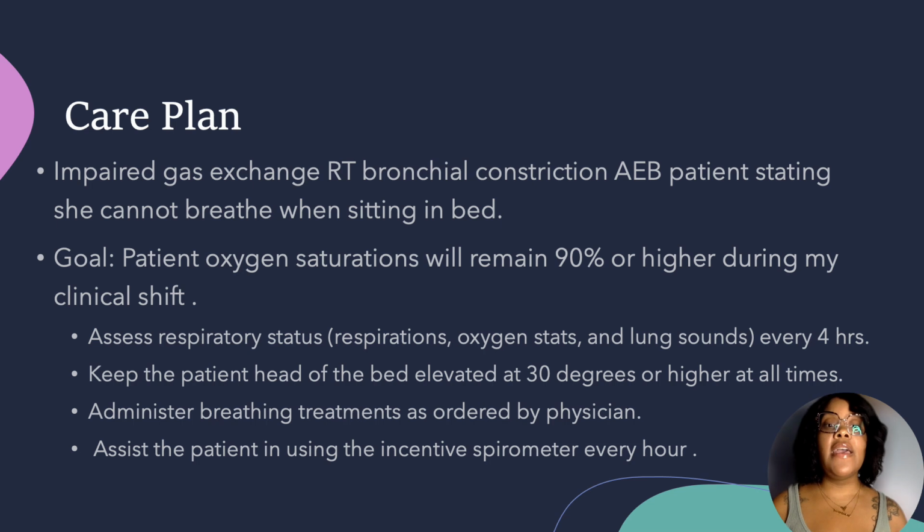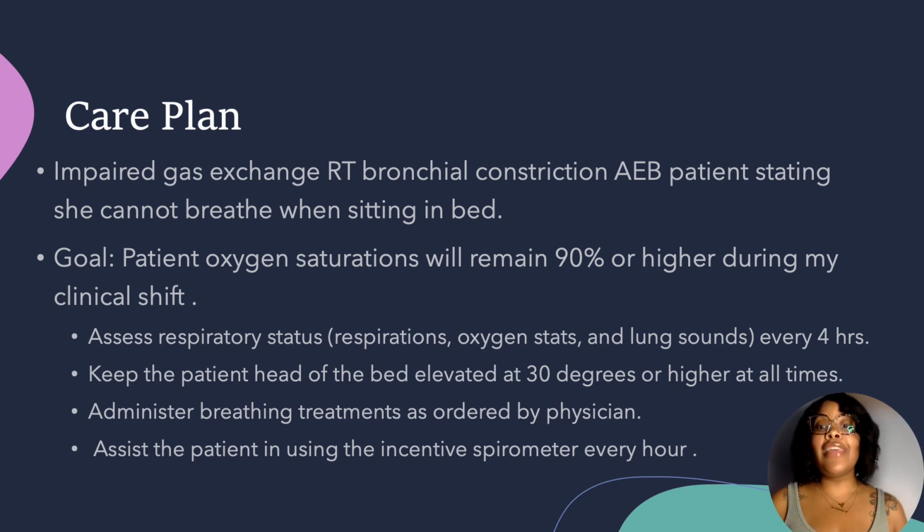All right, so then the next part will be the rationales, right? We would then explain why we need to assess. We would then explain why we need to keep the head of the bed up. We would then explain what breathing treatments do for patients who can't breathe. We would then talk about how the incentive spirometer helps patients when they can't breathe.